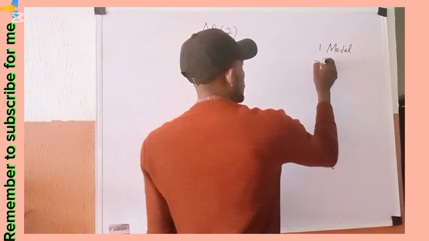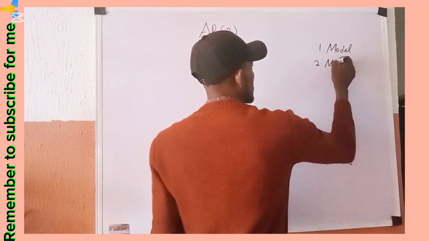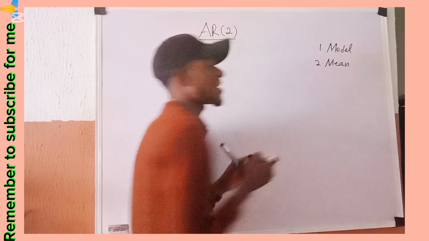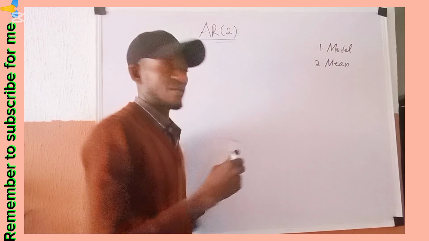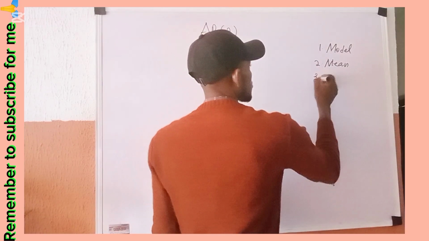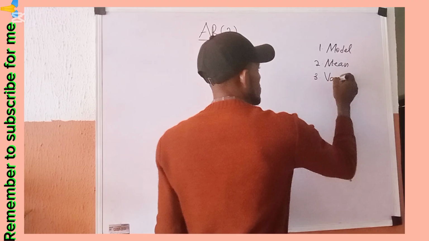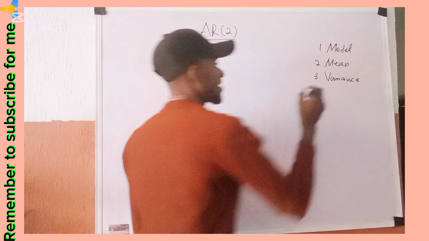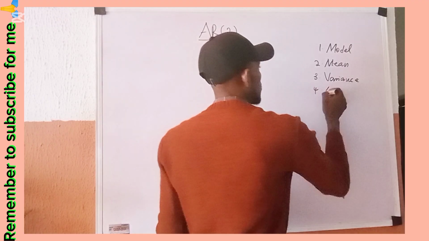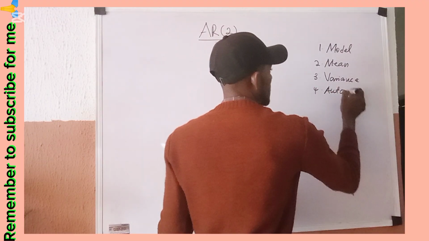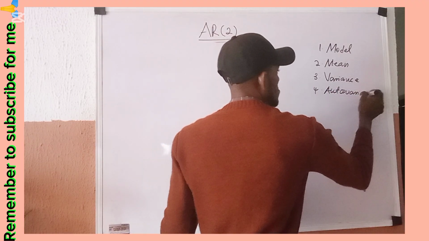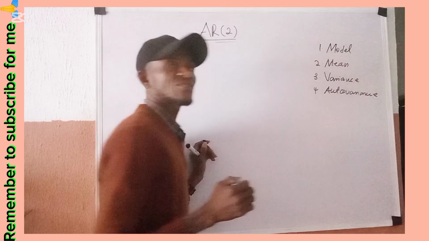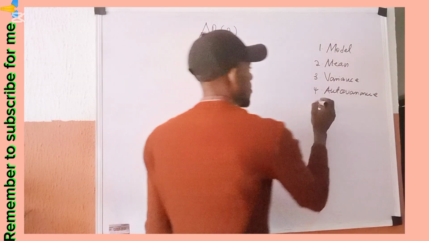Number 2, we are going to look at the mean of AR of order 2 model. We are going to look at what we call the variance of AR of order 2 model. We are going to look at what we call the autocovariance function of AR of order 2 model.